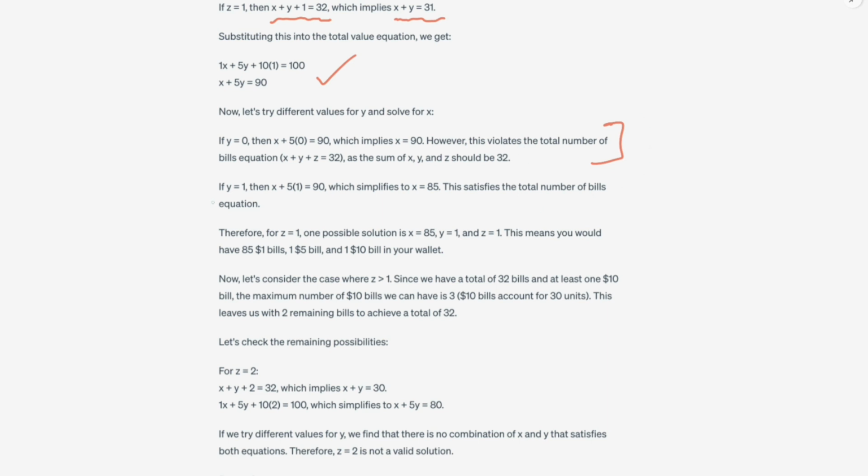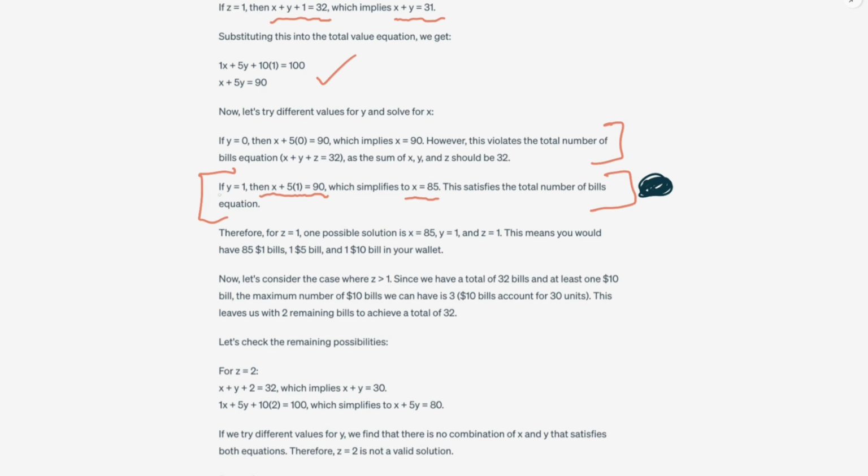And then he says if y equals 1, then x plus 5 times 1 equals 90, which simplifies x is 85. This satisfies the total number of bills equation. So same mistake. Just to confirm that he's made the same mistake again, let's scroll up and see where this mistake is.